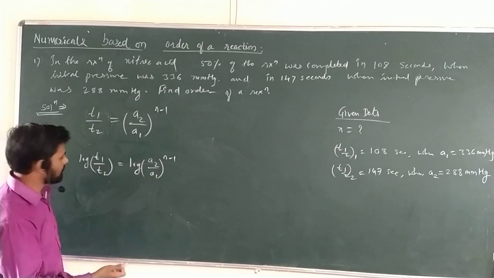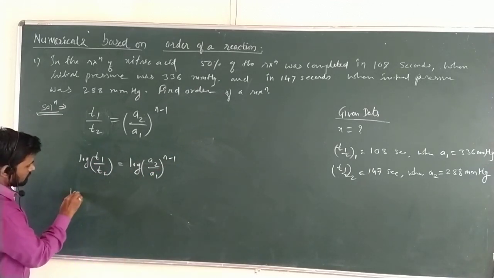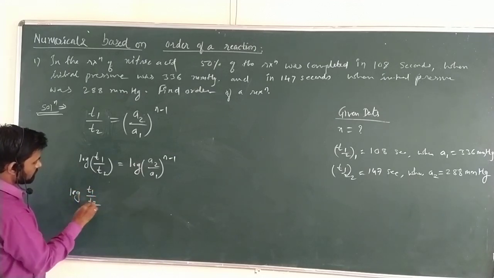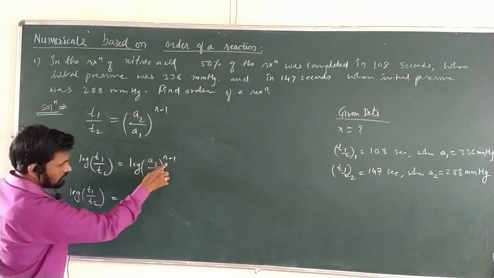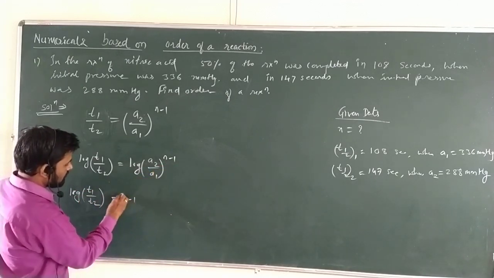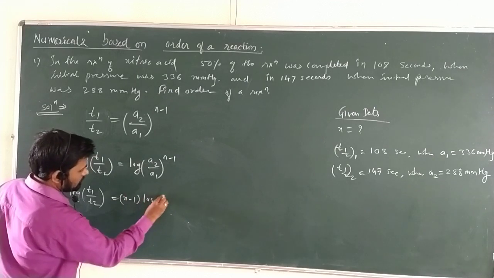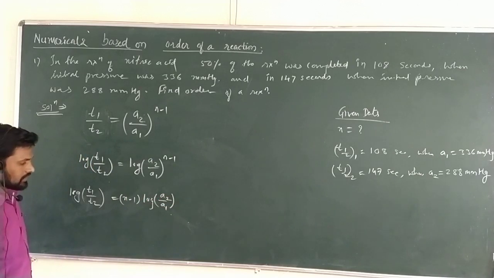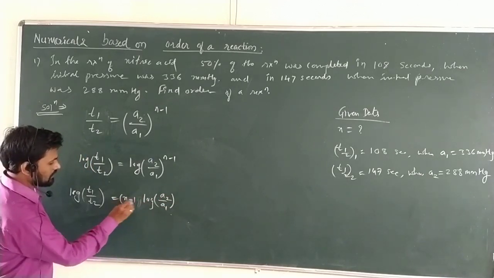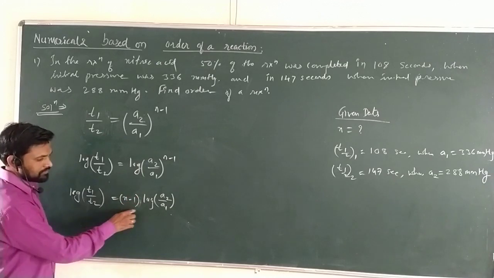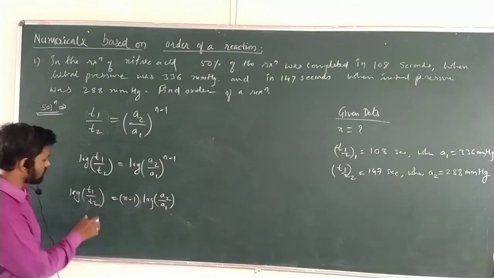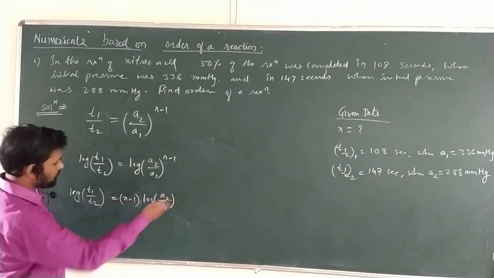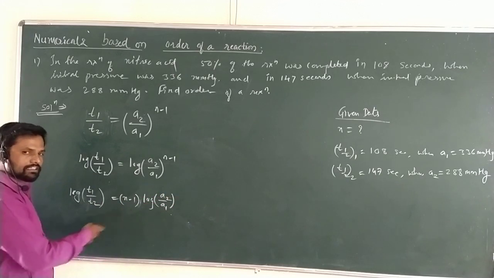Once you take log, what will happen? Log of T1 upon T2 is equal to n minus 1 times log of A2 upon A1. Once you substitute the values, you can directly divide, then take log of T1 upon T2, or you can rearrange this equation.